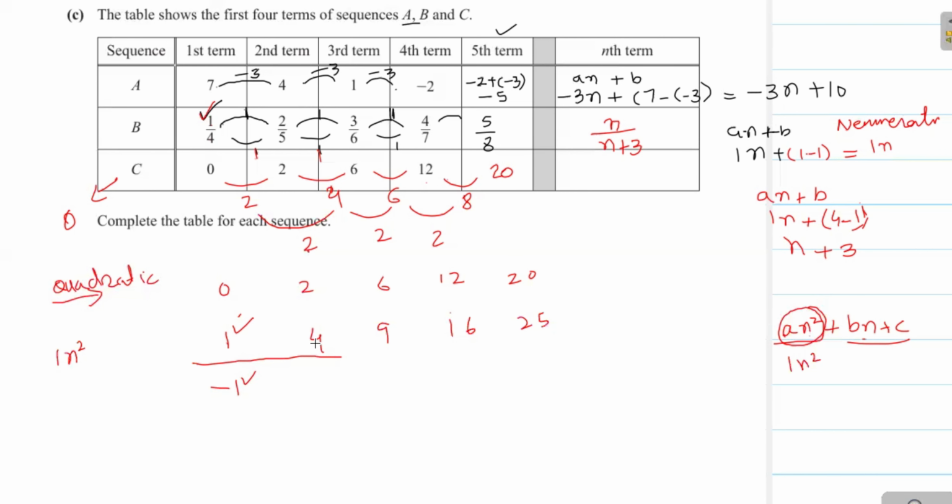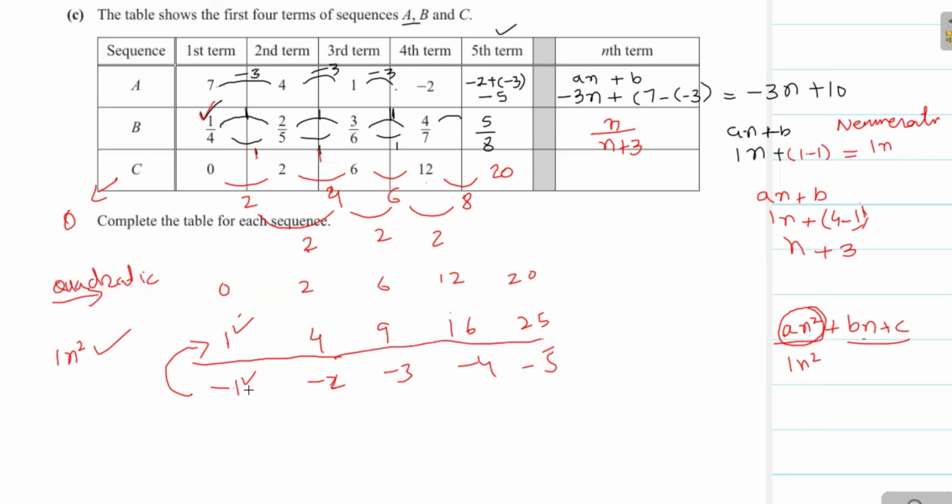And when we take 2, minus 4, minus 2, 6, minus 1, minus 3, minus 4, minus 5, these values when we add in this sequence, we get the original sequence. Therefore, if we calculate the nth term of this below sequence and add in n squared, we can get the nth term.